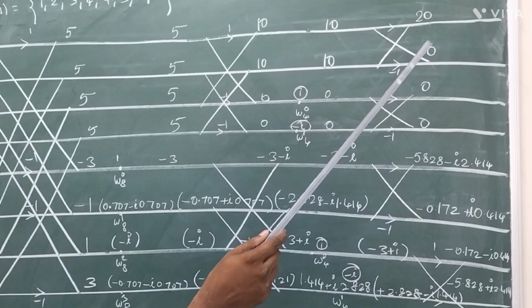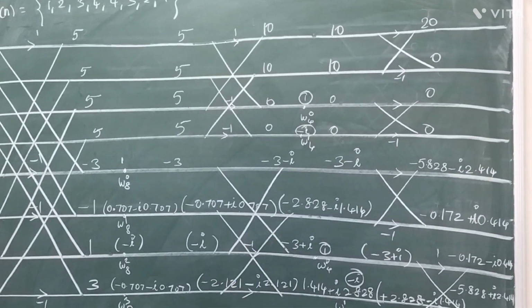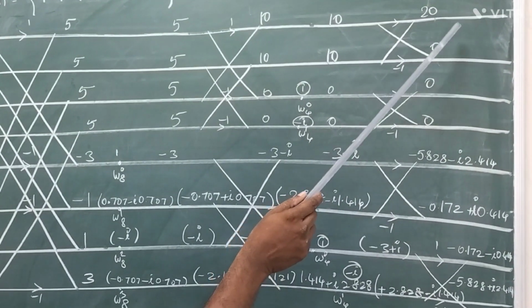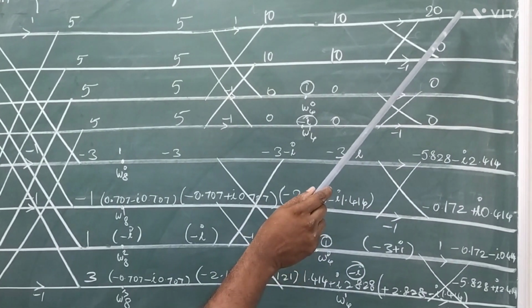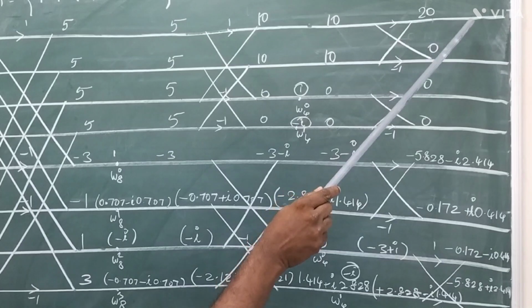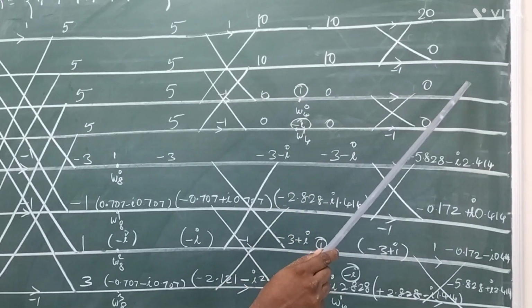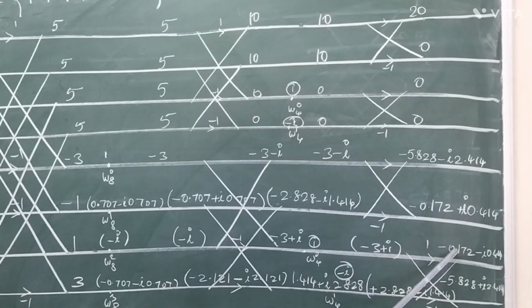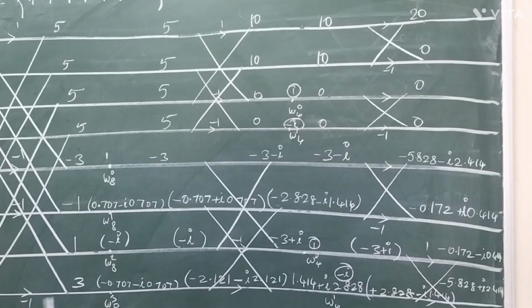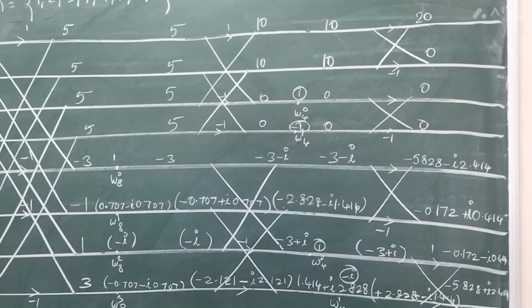As I told in the beginning of the video lecture, the output sequence is in bit reversal order. That is, the output sequence is x of 0, x of 4, x of 2, x of 6, x of 1, x of 5, x of 3 and x of 7. While writing the output sequence, you should be very careful.